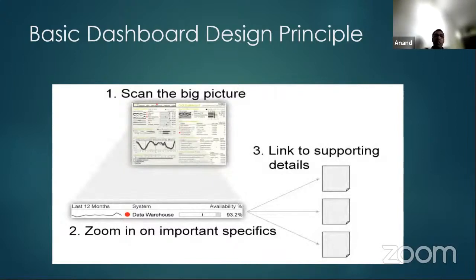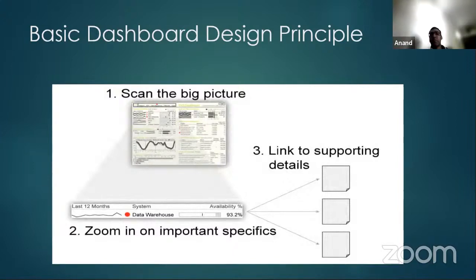There's some color-coding, red, yellow, green, whatever you want, to draw attention, use colors. You can zoom in on the specifics, and then from there, you can provide a link to say, okay, if you want to see more details, you click here and it'll take you elsewhere to look at the other details. Don't cram the other details into the dashboard.